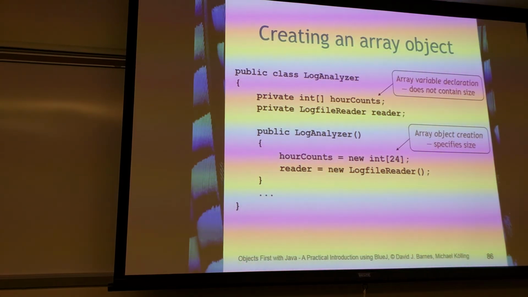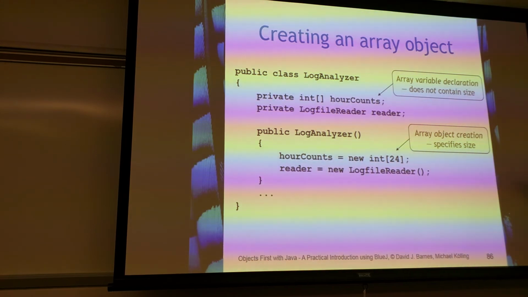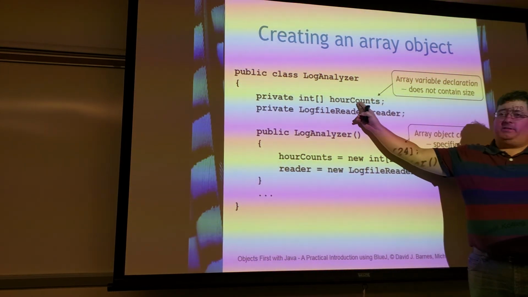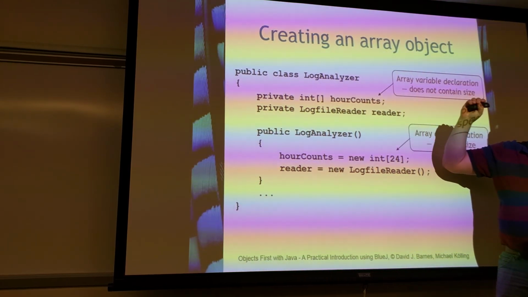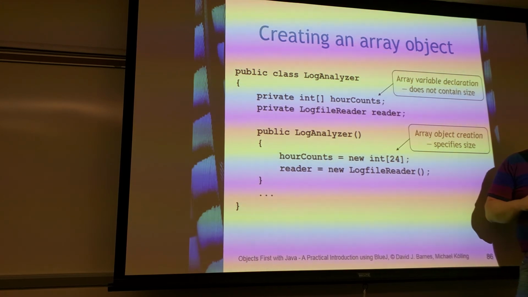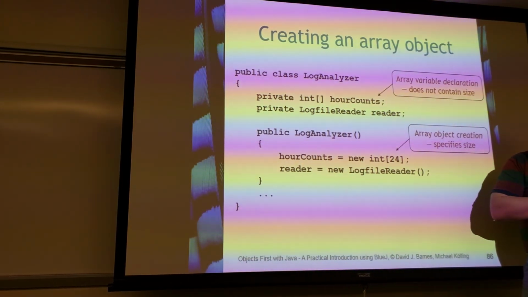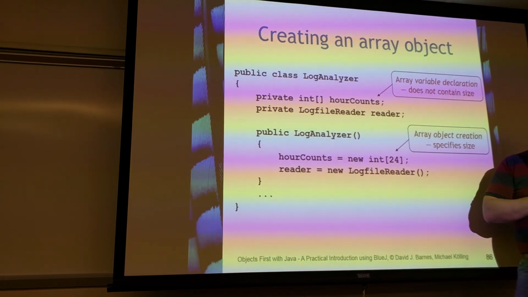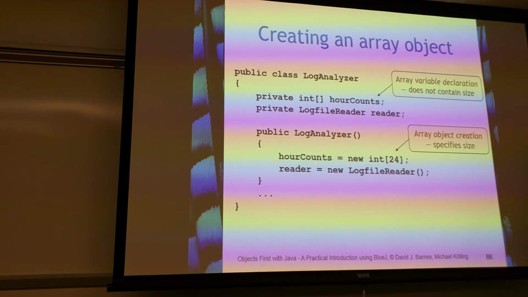So this is where we depart from C++. What I've done in this first line is I told the compiler I have a variable called hour counts, and it is going to be an array of integers. I haven't said the size, and I haven't actually created the array either. Kind of like a prototype then?